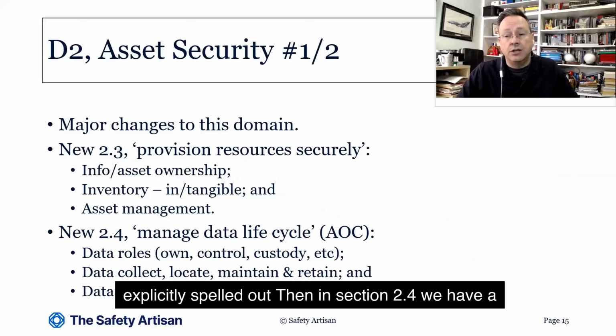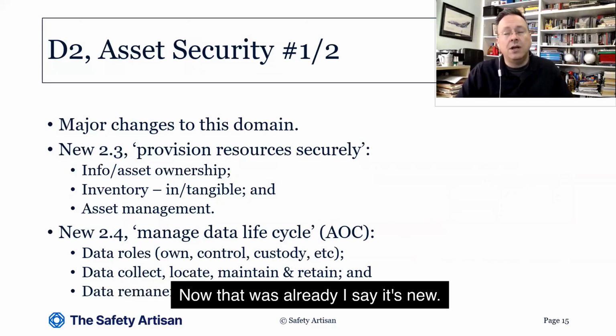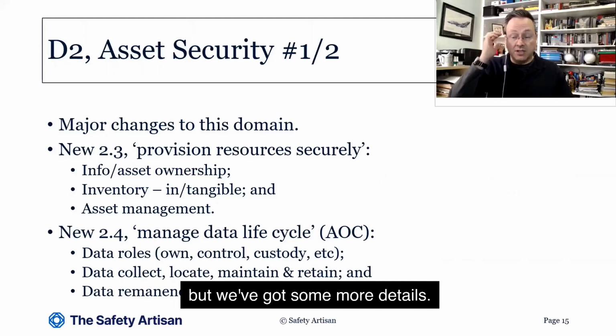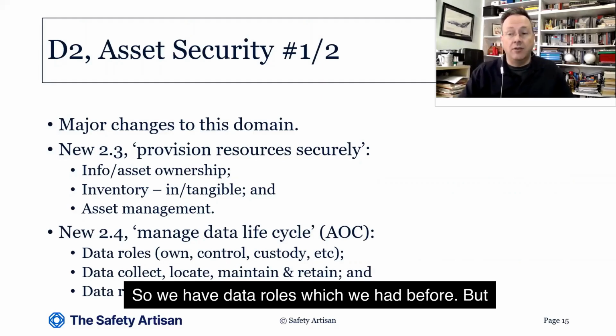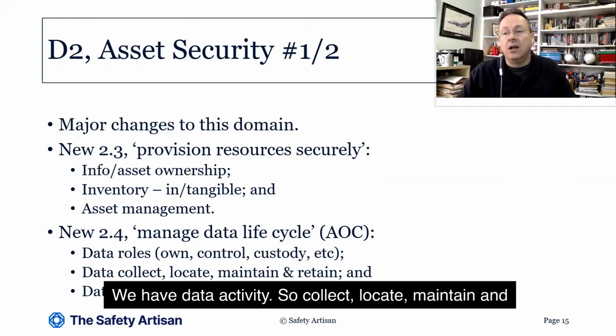Then in section 2.4, we have a new section, manage the data lifecycle. Now that was already, I say it's new, it was already in the official course, but we've got some more detail. So we have data roles, which we had before, but again, not always explicitly listed.